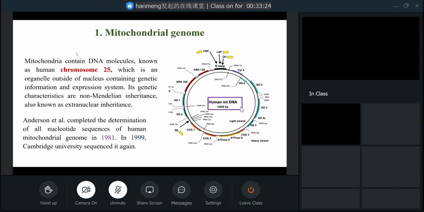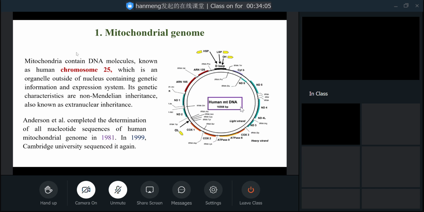In 1981, Anderson completed the sequence of the human mitochondrial genome. At that time, he said the human mitochondrial DNA has 16,569 base pairs. But in 1999, Cambridge University sequenced the mitochondrial DNA again.